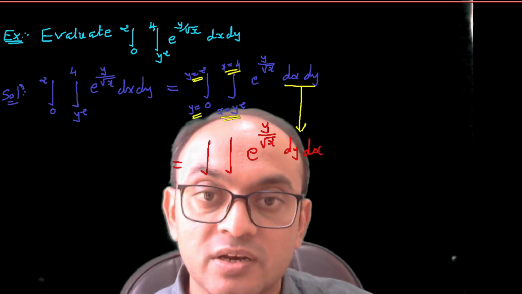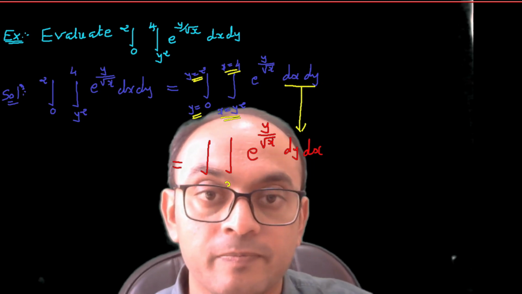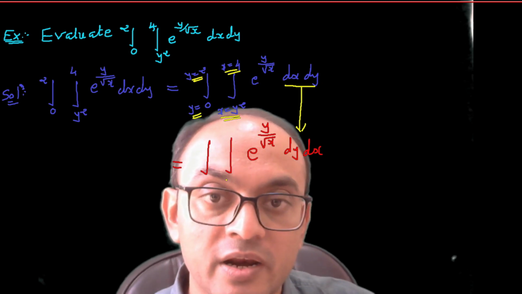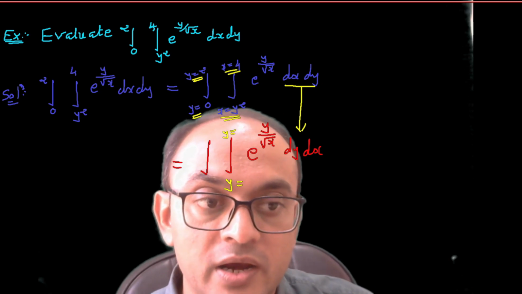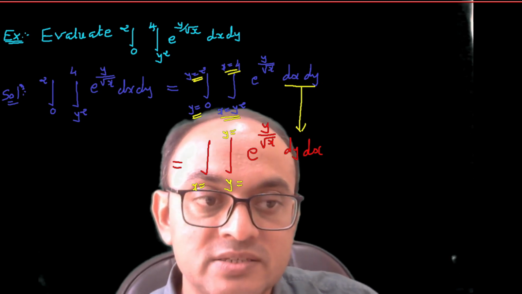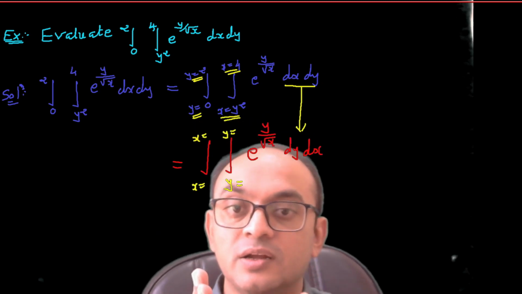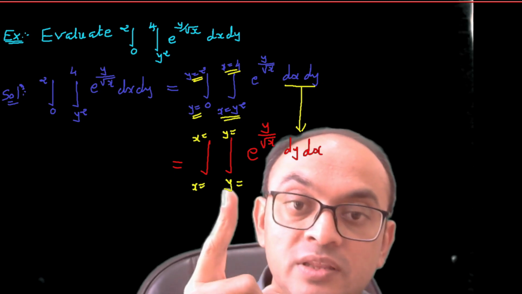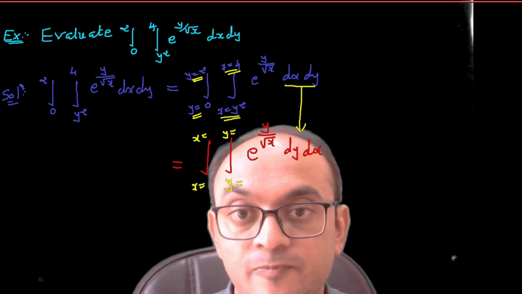The question is, now here the limit is the inner limit of y. So I have to write y is equal to, and here I have to write the x limit is constant. So here the important thing is how to write this limit of y and the constant limit of x, right?